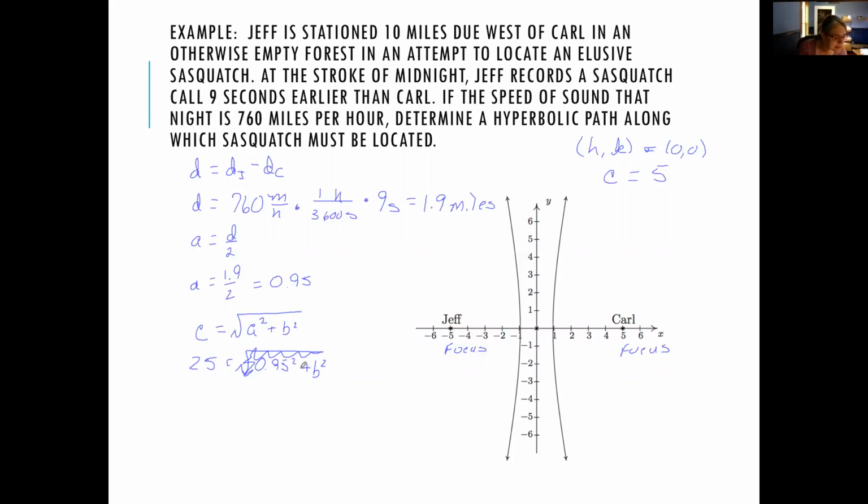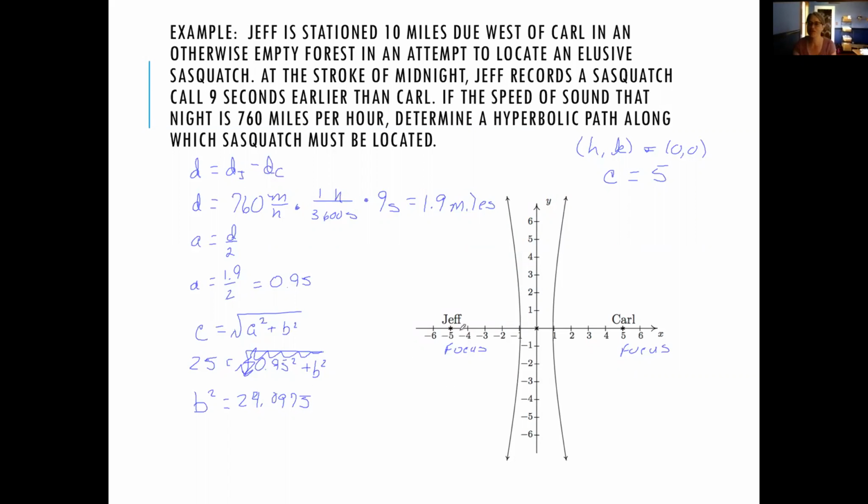So that means that b squared is 24.0975. So here is the equation.